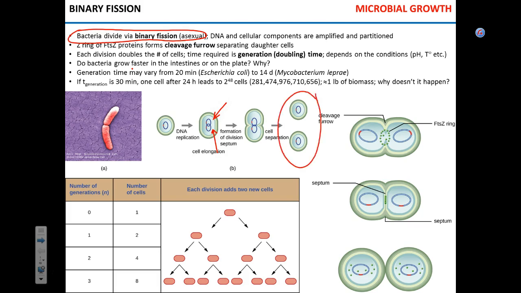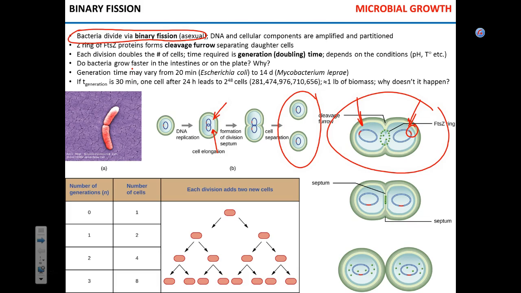You can see in this image that the nucleoid, the chromosome, is positioned in the way that origins of replication are facing the opposite poles of the cell.